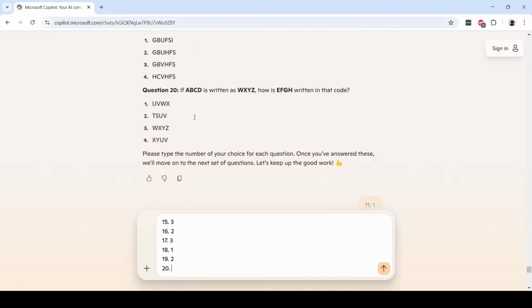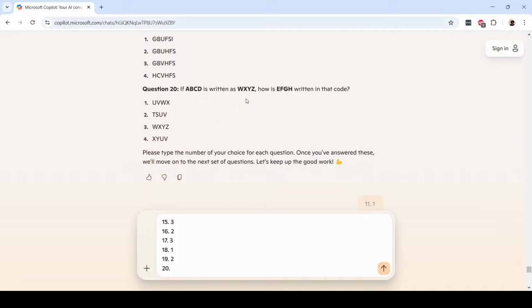And now the next one: ABCD is written as WXYZ. Then how is EFGH written? So it's like first four, last four. The second four, EFGH, would be like STUV. Okay. Oh, sorry.